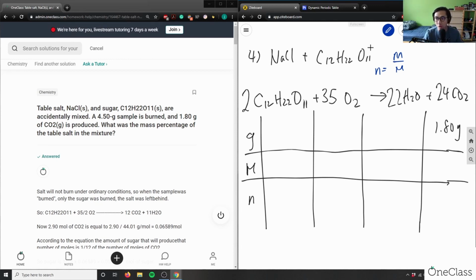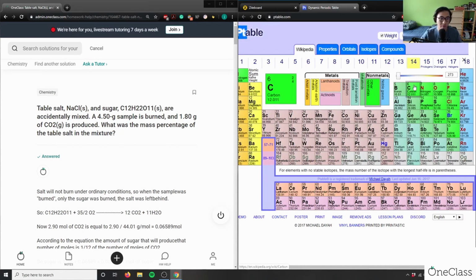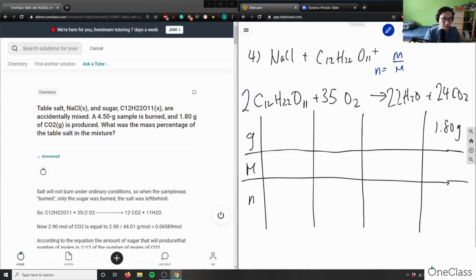I have carbon, CO2, so C here is 12.01, plus I have 2 oxygens, so 2 times 16 here, to give us our molar mass of carbon dioxide, which is 44.01. That's great. This is grams per mole. I just don't have space here, so let me write down, this is grams per mole.